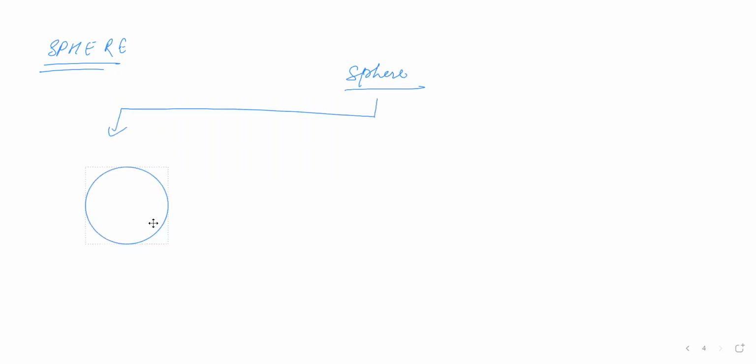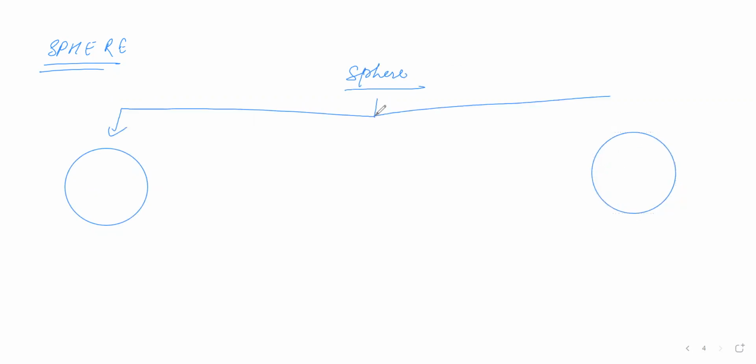First of all, note it down, please. You are going to understand about sphere, and this sphere will be of two types. This is your first one and this one is your second sphere. This is your hollow sphere.